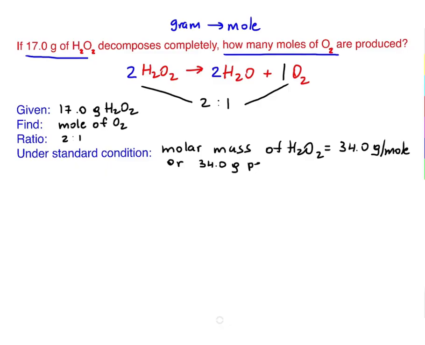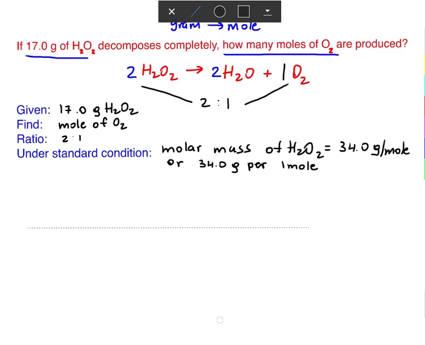And make sure you understand the concept of that. And it's under standard condition. It's 34. How do I get it? It's from the periodic table. And you'll be provided the periodic table.